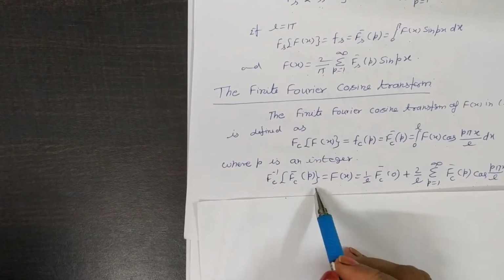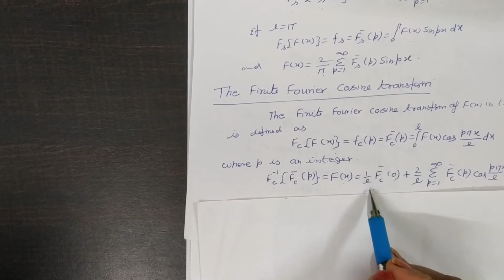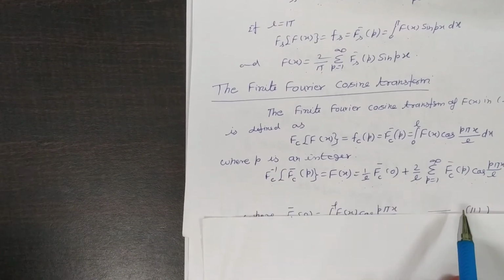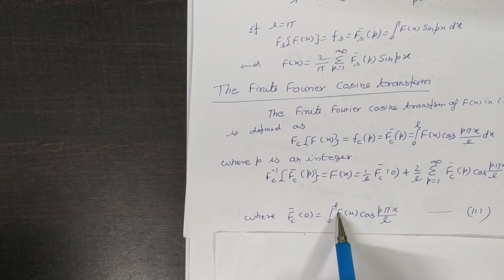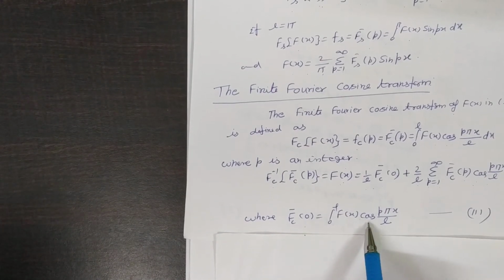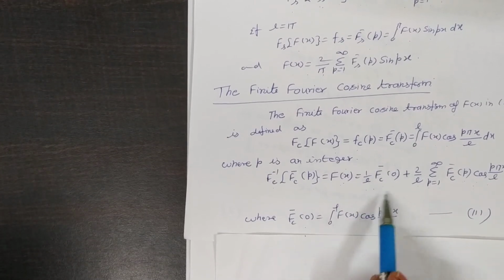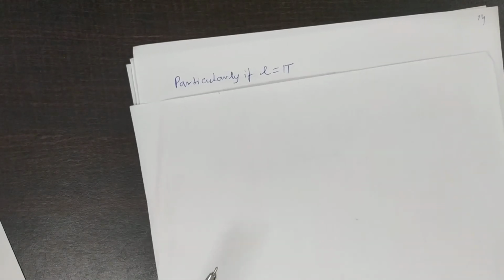So f(x) is equal to 1/L times the term for 0, plus the cosine terms, where f̄_c(0) is equal to the integral from 0 to L of f(x) dx. This is known as the finite Fourier cosine transform.